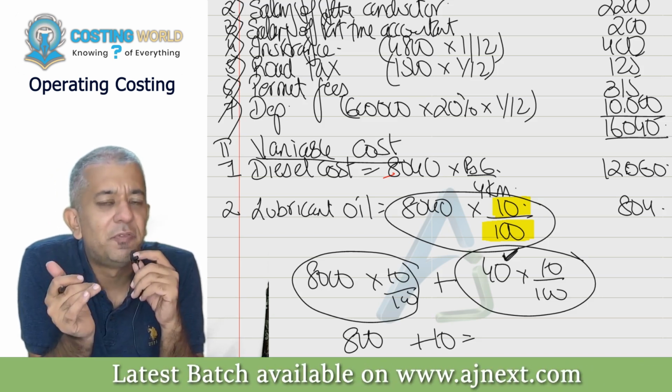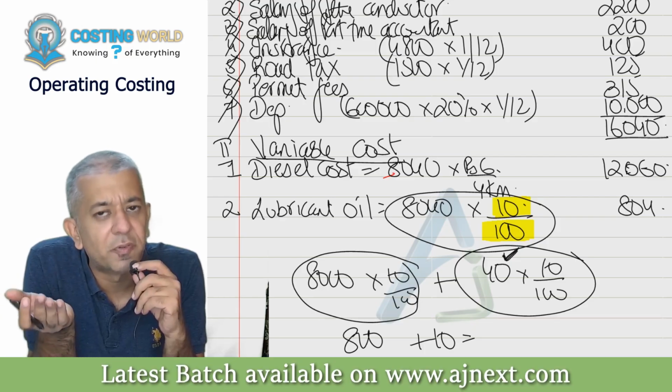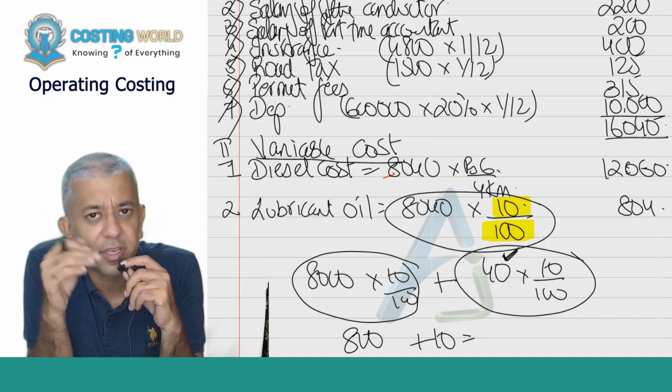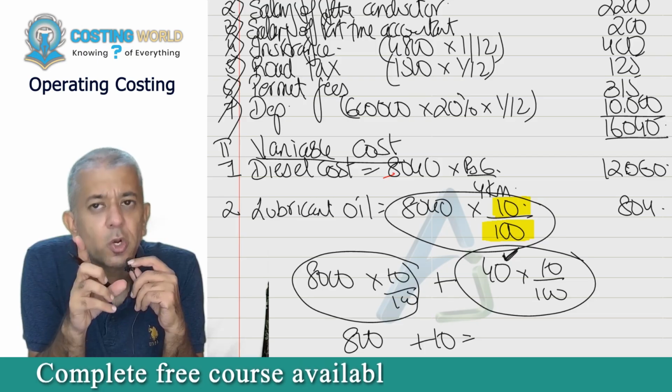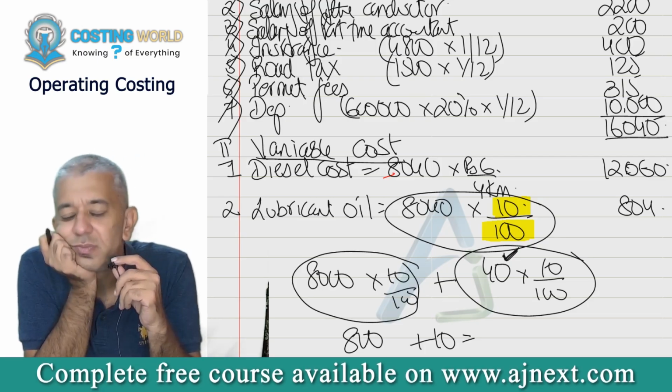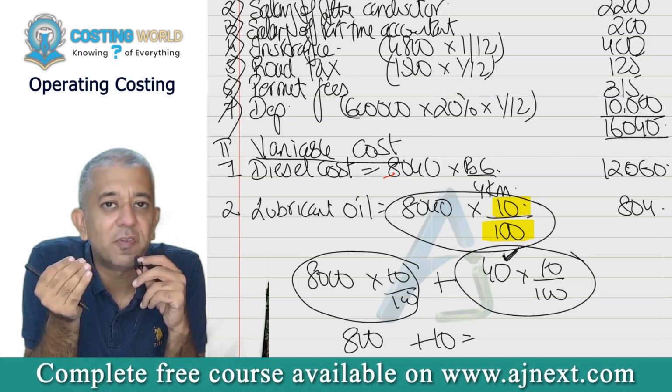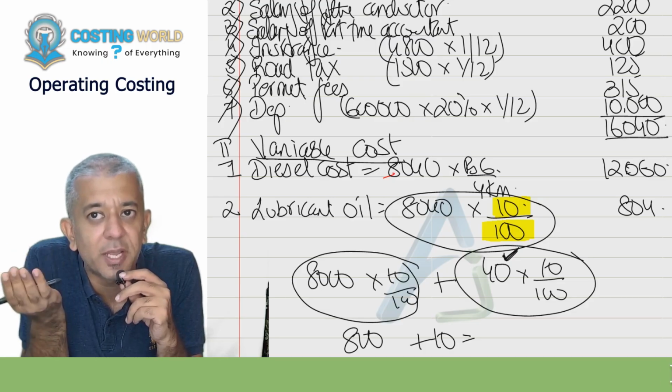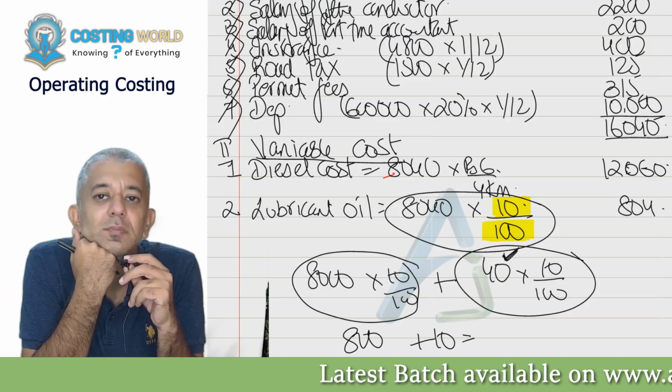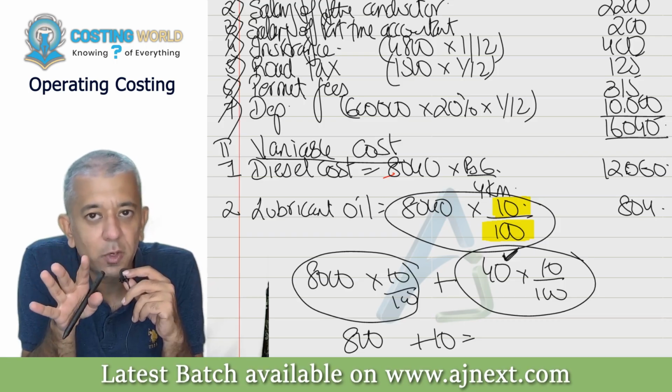Will the remaining half liter of diesel expire? Will it go away? So your cost should be 50 rupees, no? Beta, the remaining 50 will be available for use after a few days, no? You understood what I'm trying to be saying?